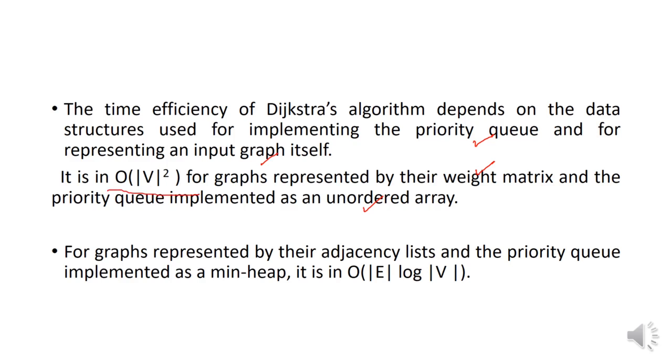Okay, and if the graph is represented using an adjacency list and the priority queue is implemented as a min heap, then the efficiency is order of |E| log |V|.